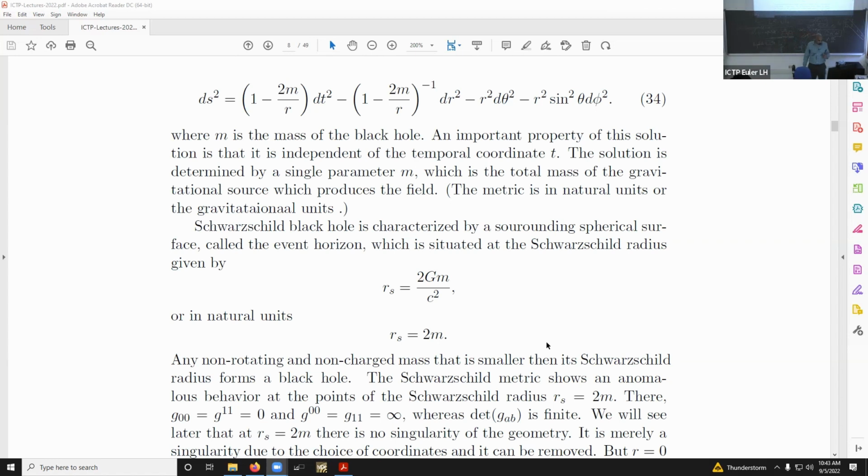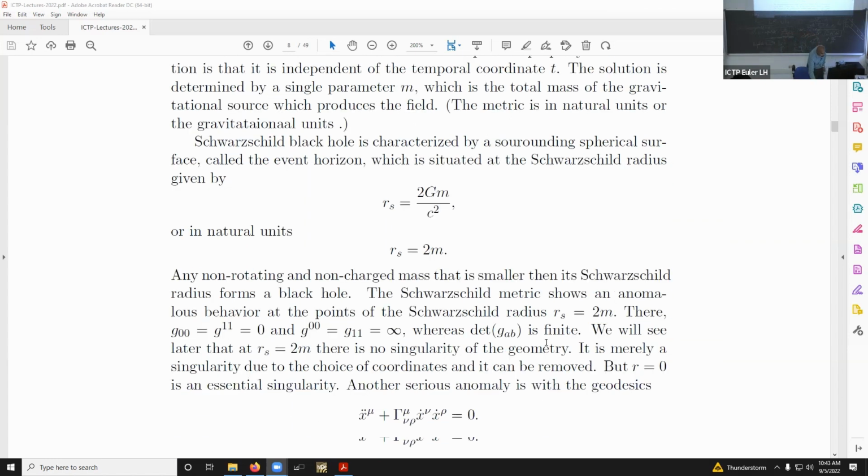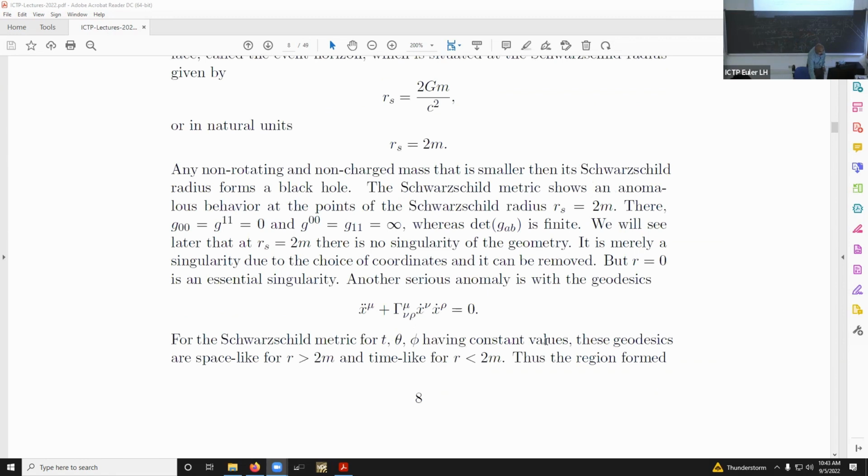And its importance is that every object has some Schwarzschild radius. Take the value of its mass, the Newton's gravitational constant, the speed of light squared, and you will get the Schwarzschild radius. This is an amazing result actually. Why?